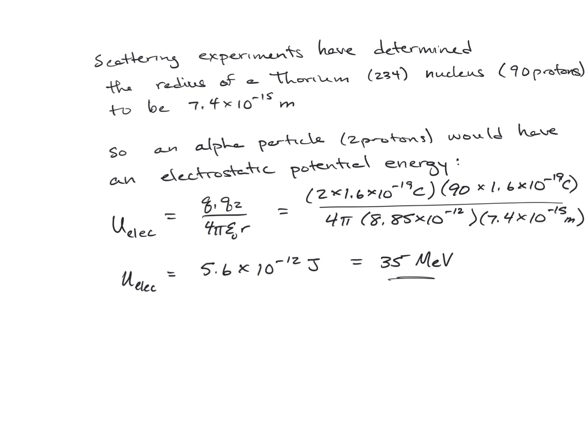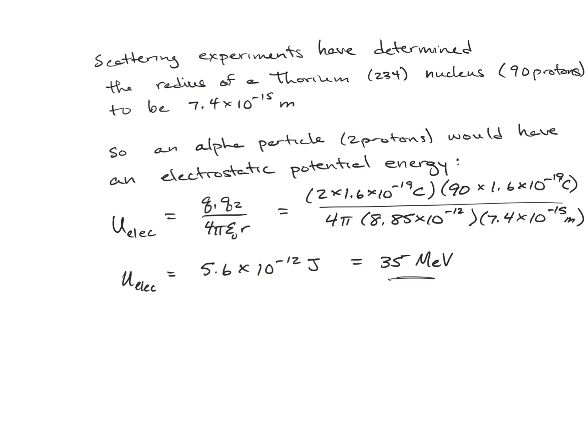So if that's the case, when a uranium nucleus decays, the alpha particle at the surface of the daughter thorium nucleus should have 35 mega electron volts of electrostatic potential energy and would speed up as it's repelled away.